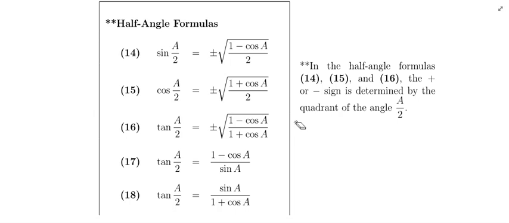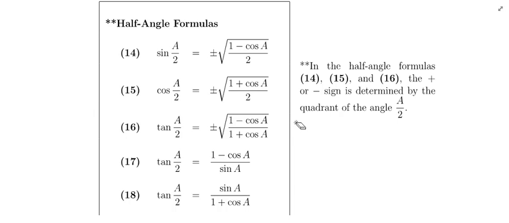And then in equation 16, we see that the tangent of the angle A divided by 2 is equal to plus or minus the square root of the quantity 1 minus the cosine of A, all divided by 1 plus the cosine of A.